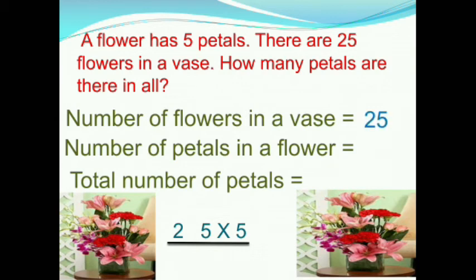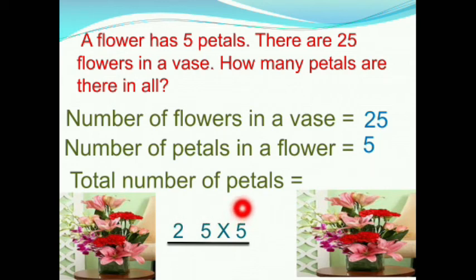Next we should write number of petals in a flower. How many petals are there in a flower? Yes, 5 petals are there in a flower. Now we should find out total number of petals in 25 flowers. Here 25 is the multiplicand and 5 is the multiplier.